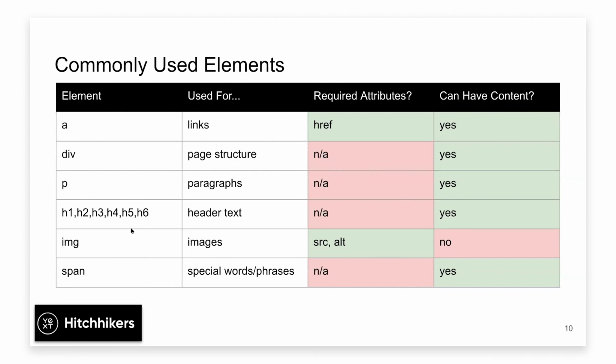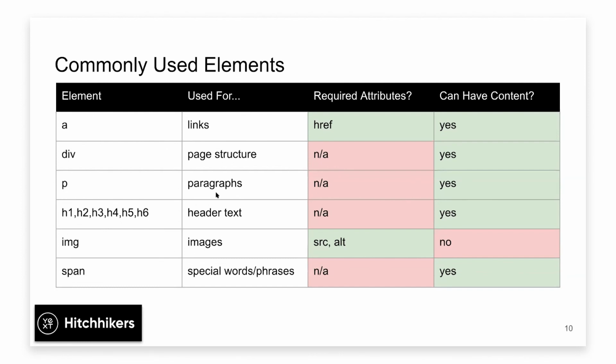Header tags, which are used to hold headers of various sizes on the page, starting from H1 to H6, with H1 counterintuitively being the largest header and H6 being the smallest. The image tag, which displays images on a page, and the span tag, which is used to emphasize or give special styling to words or phrases.